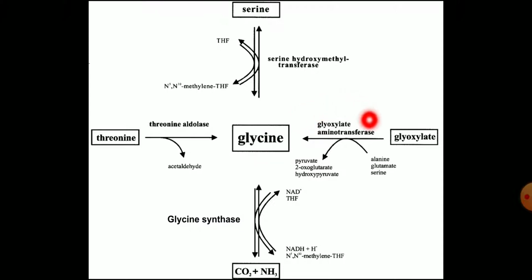For all these types of reaction, glyoxylate aminotransferase is involved, that is a type of transamination reaction. So by the transamination of glyoxylate, you can get glycine back. So these are the 4 steps by which you can synthesize glycine in our body.